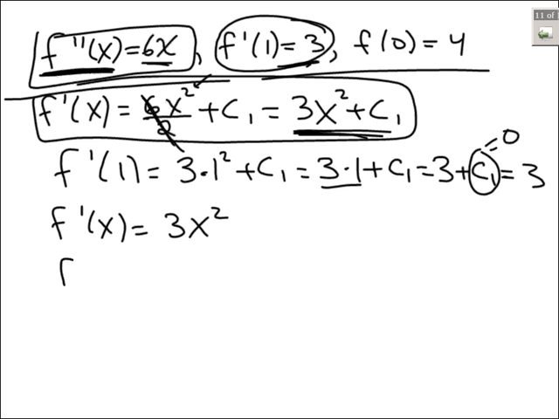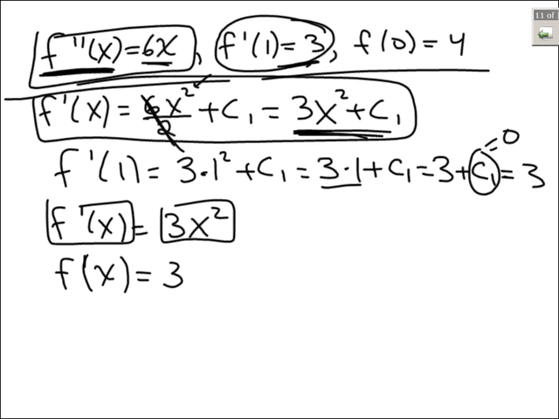Now, if I take the antiderivative of f prime of x, if you undo f prime of x, you get f of x. You take the antiderivative of this: the constant stays, make the new power one more, divide by that number. Coincidentally, the 3's cancel. Plus a constant, call it C2.